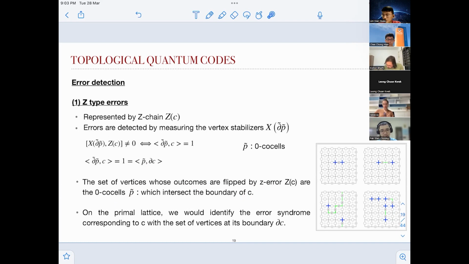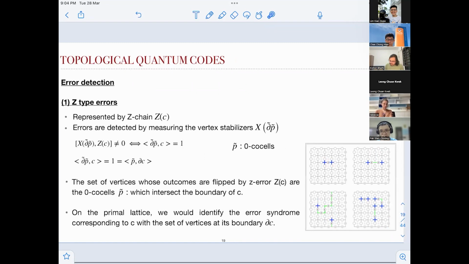You can think about it like, let's say you have an error something like this, and here you will be able to detect it using the stabilizers which correspond to action at the boundary. So that's how you will detect it.